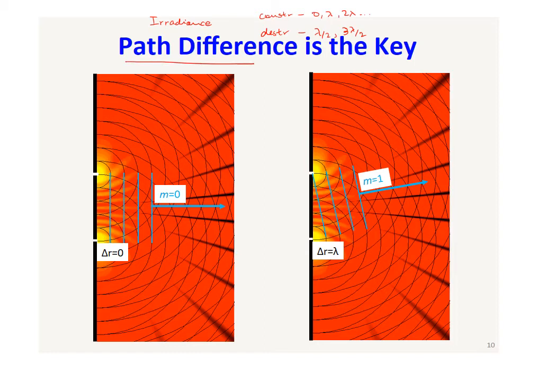In the example on the left-hand side, I'm working out the electric field here at position X and position Y equal to 0. You can see that the electric field and the irradiance at that point there is going to come from two plane waves which have a path difference that they've travelled of exactly 0.